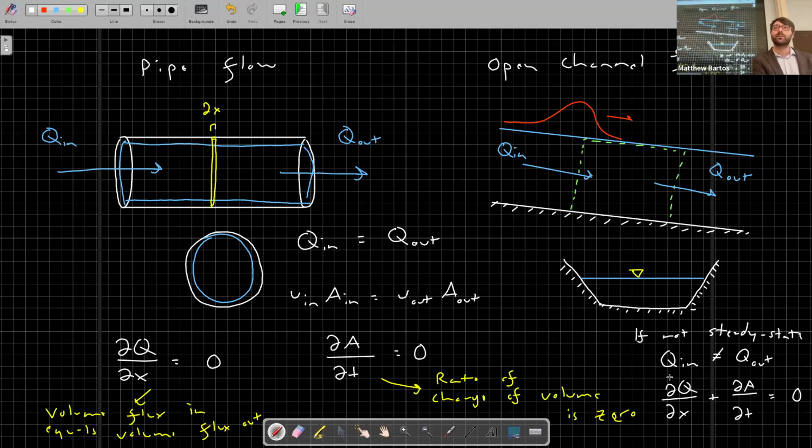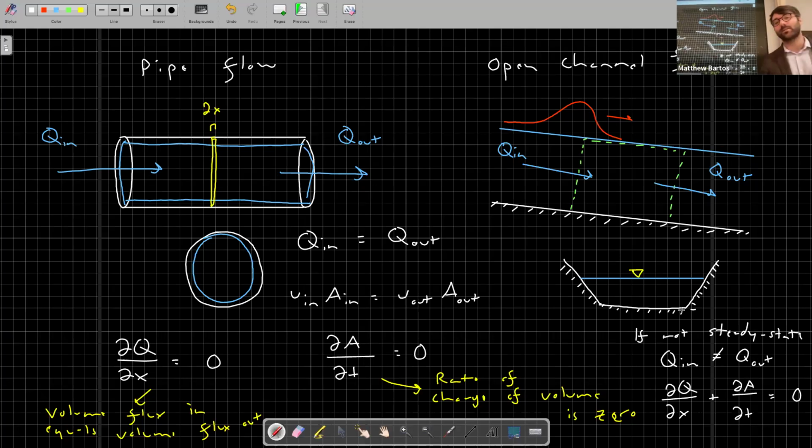We talked about it a bit earlier when we first derived continuity. We've been ignoring the full expression up until now. So dQ by dx means the flow out minus the flow in. dA by dt means the rate of change of volume or cross-sectional area within the control volume.